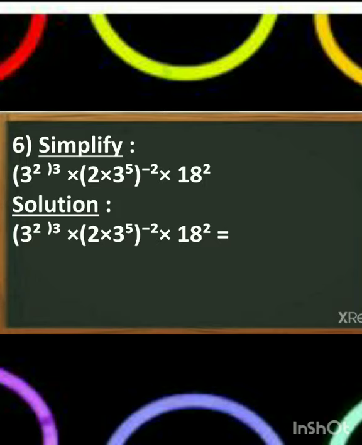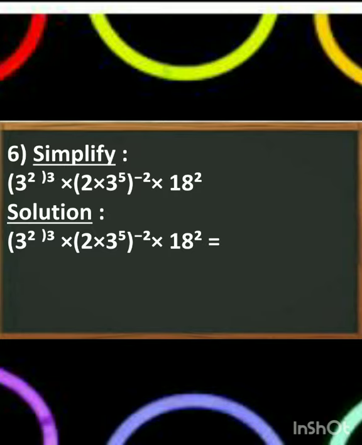Power of product rule. 2 into 3 power 5 the whole power minus 2. So the product rule is a into b the whole power n. The powers are same, so we can bring the power inside the bracket. So 2 power minus 2 into 3 power 5 the whole power minus 2.